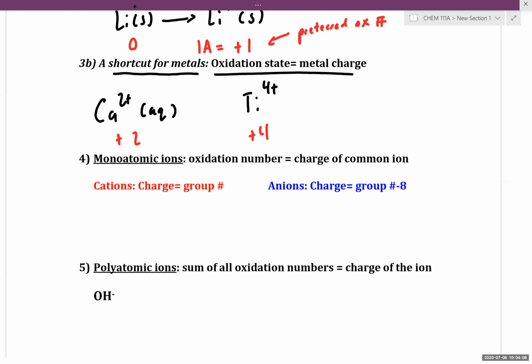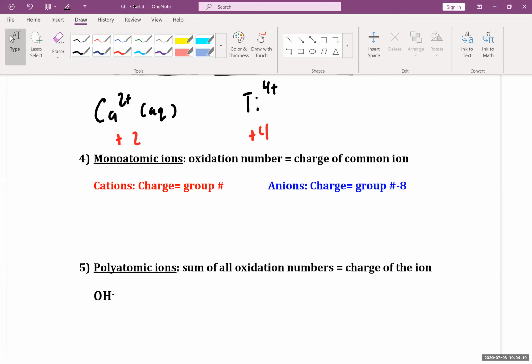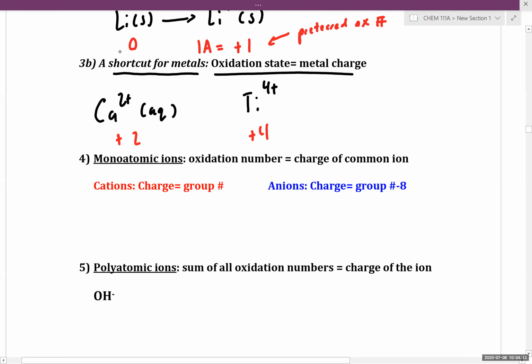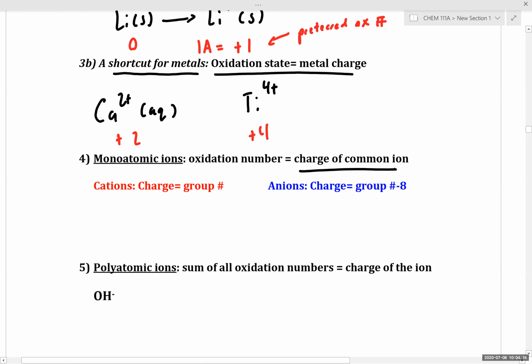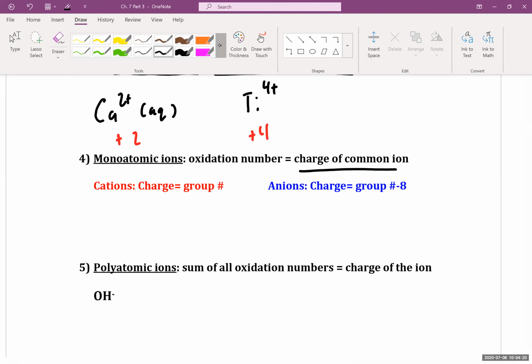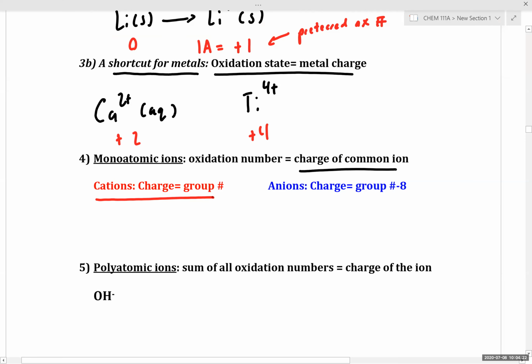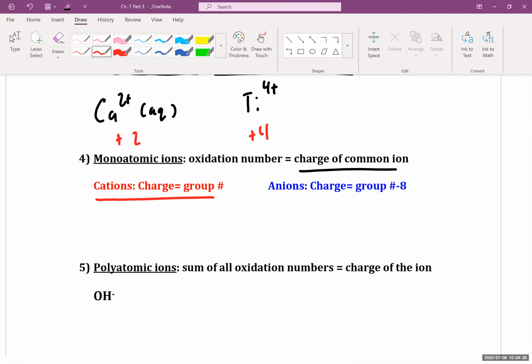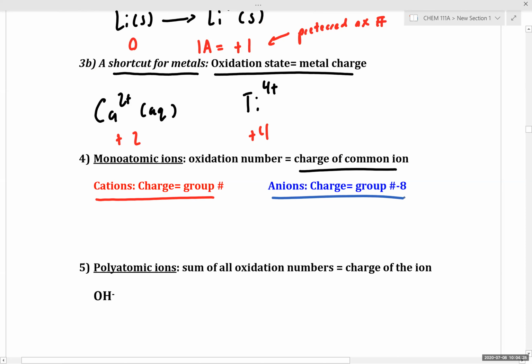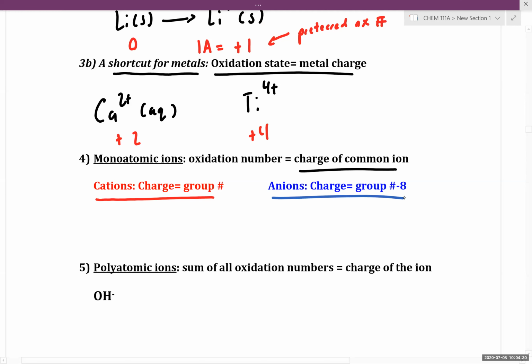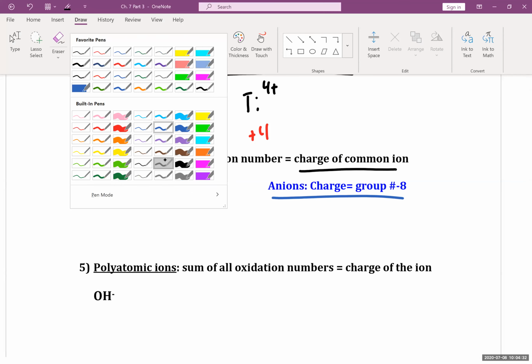for monoatomic ions, the oxidation number is equal to the charge of the common ion. So for example, for most cations, the charge is equal to the group number. And for most anions, the charge is equal to the group number -8.